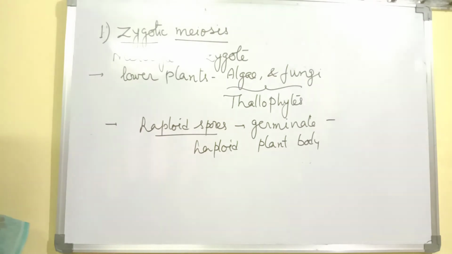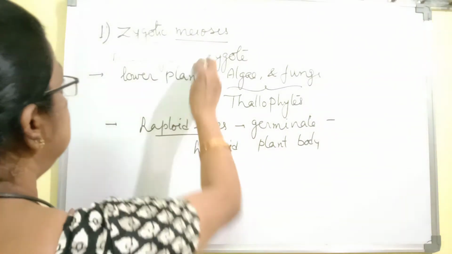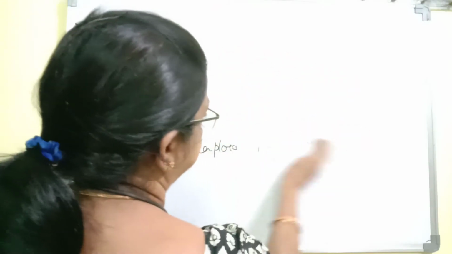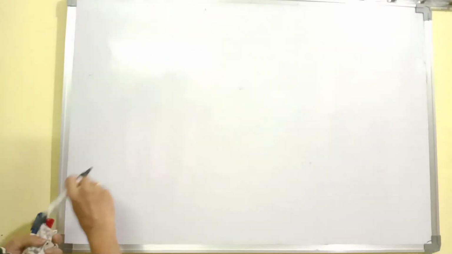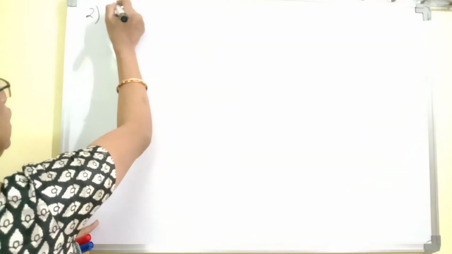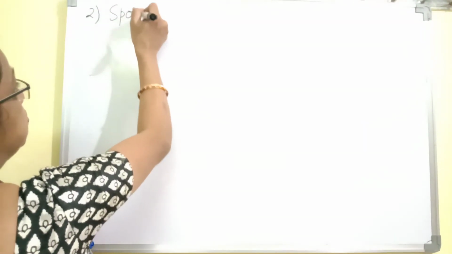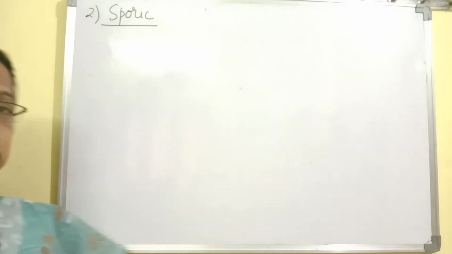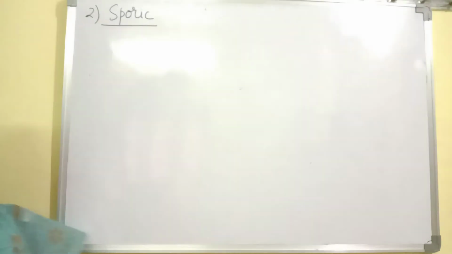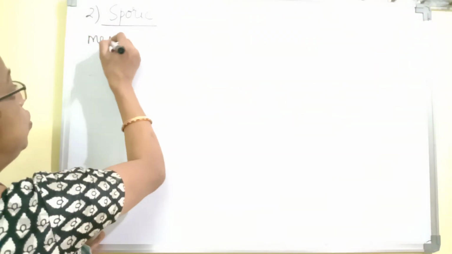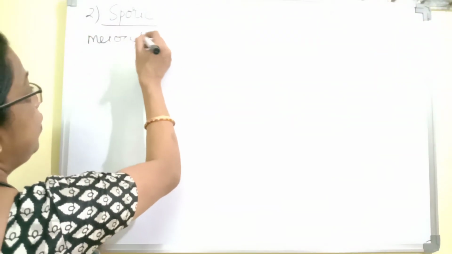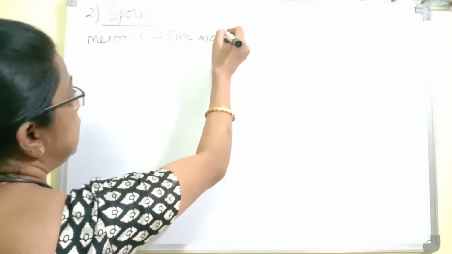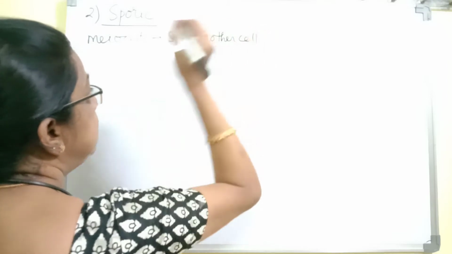Now, the second type of meiosis is called sporic meiosis. Sporic meiosis is that which takes place for formation of spores. Here the meiocyte is a spore mother cell.